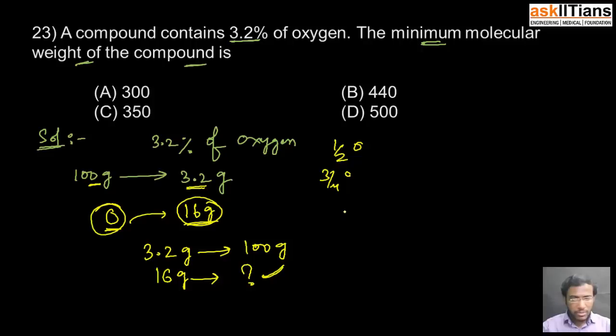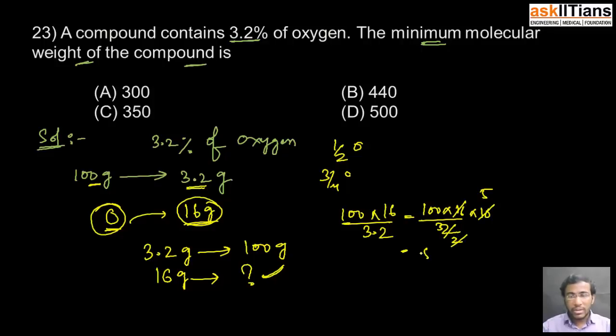It is 100 into 16 by 3.2, right? That is 100 into 16 by 32 into 10, since 3.2 is 32 by 10. So 16 2s are 32, 2 1s are 2, 5s are, so it is 500. 500 is the minimum molecular weight of the compound.